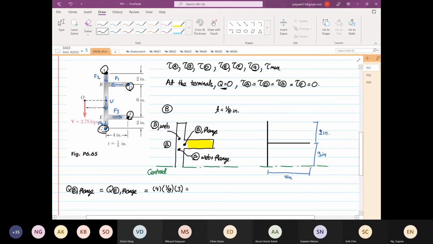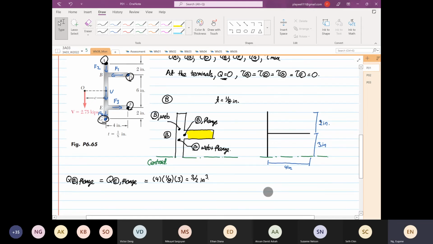So this is 4 times 1/8 times 3, which is equal to 3/2 inches cubed.